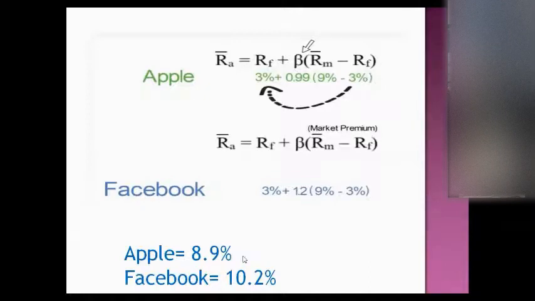Okay, for you to get the 8.9%. So tell me class, if you already computed the 8.9 for Apple and 10.2 for Facebook. So just follow this formula. You have to remember, class, that the only difference in these two is the beta of each firm. Apple has a beta of 0.99 and Facebook got 1.2 beta. So that's the only difference in these two given equations.